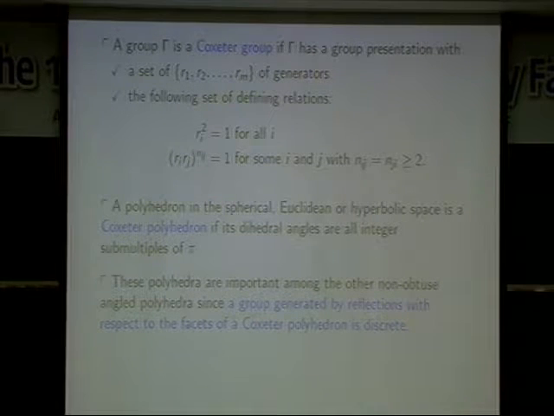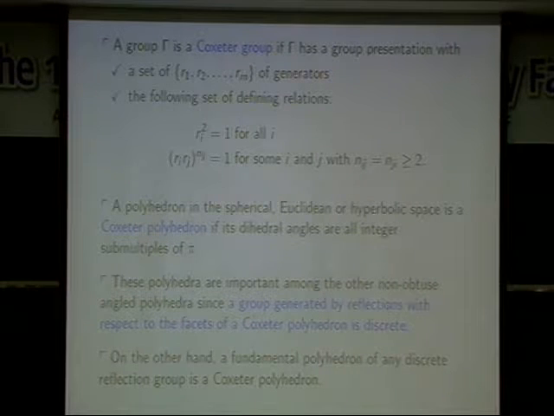Here, facet means a codimension one face of the polyhedron. On the other hand, the fundamental polyhedron of any discrete reflection group is a Coxeter polyhedron.